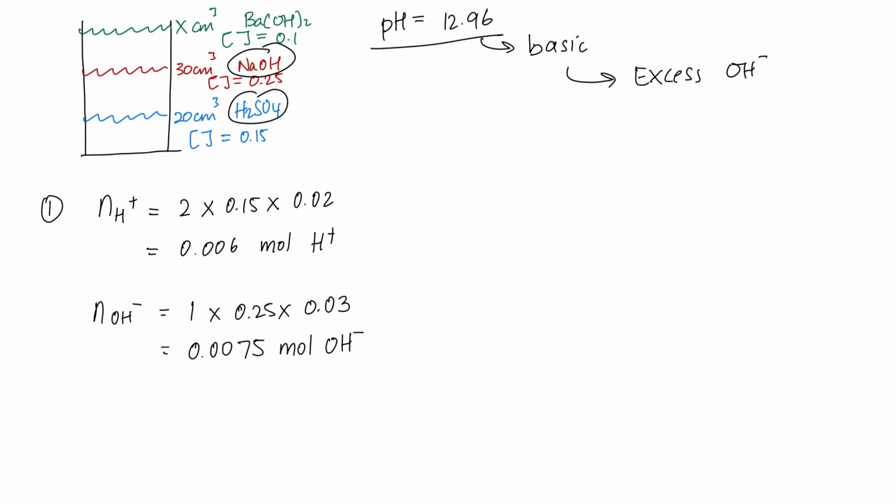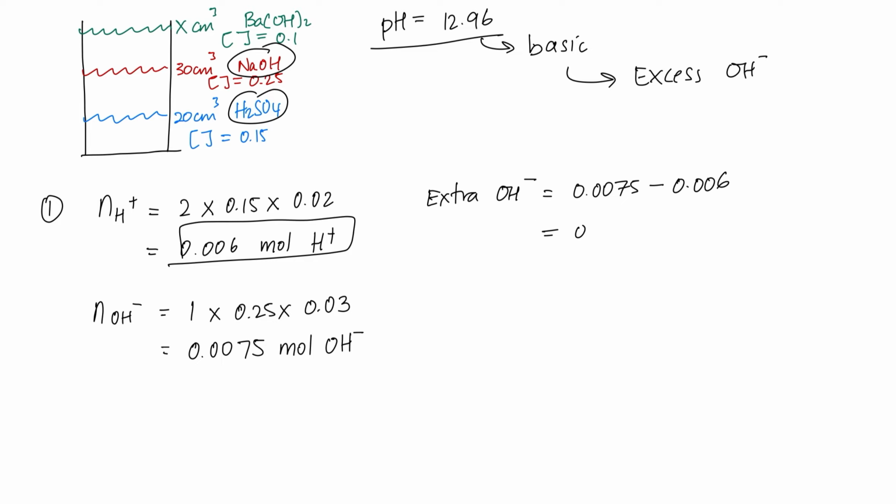The extra OH- is 0.0075 minus the OH- needed to neutralize the H+, so minus 0.006, which gives 0.0015 moles of OH-. That's even before the barium hydroxide was added.